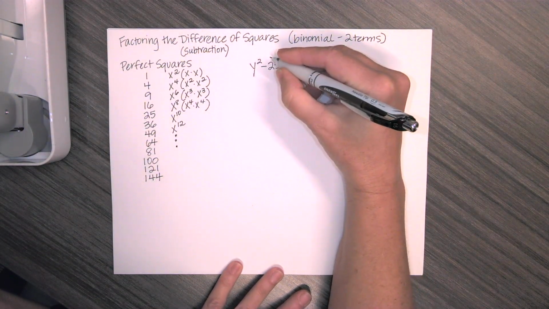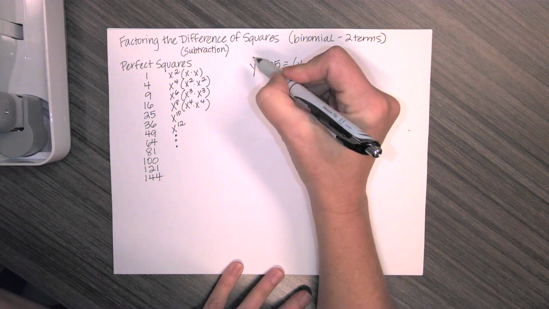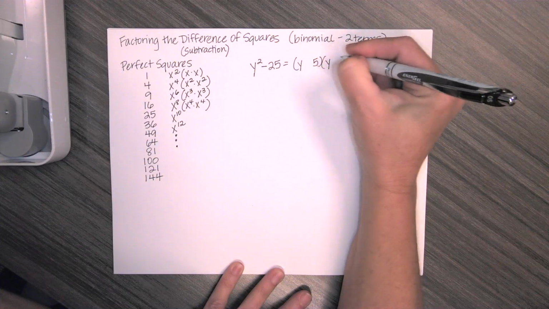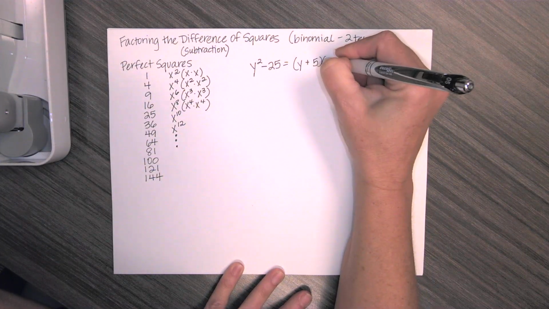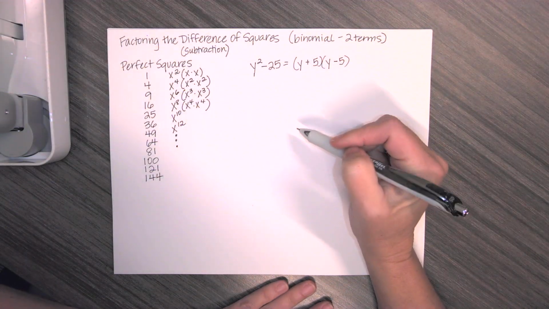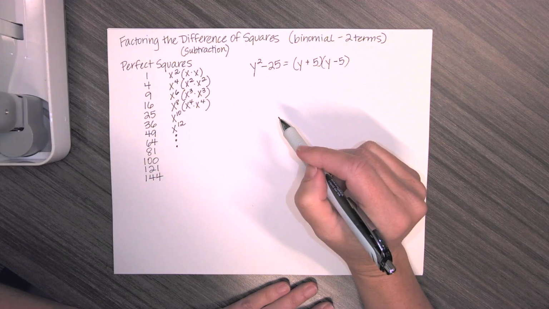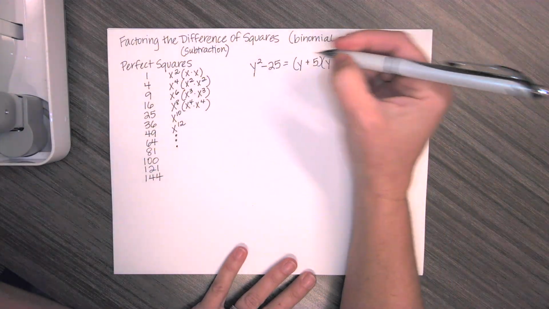Since this is y squared, the square root of that is y, so y times y gives you y squared. The square root of 25 is 5, so 5 times 5 gives you 25, and it's always going to be 1 plus and 1 minus. Okay, it doesn't matter what order you put those in. I usually put my plus first. That's just how I do it, but it does not matter. I'm going to show you how we can check that.